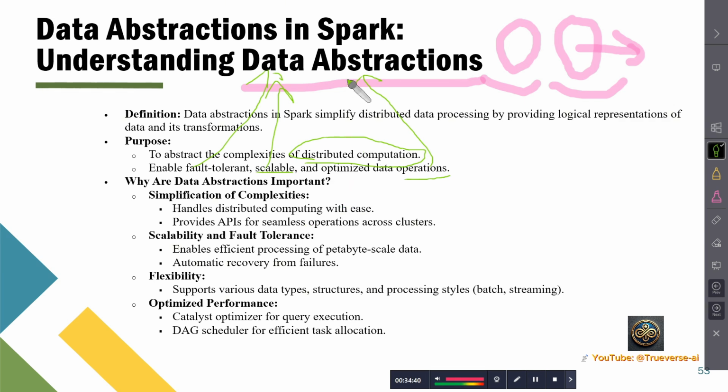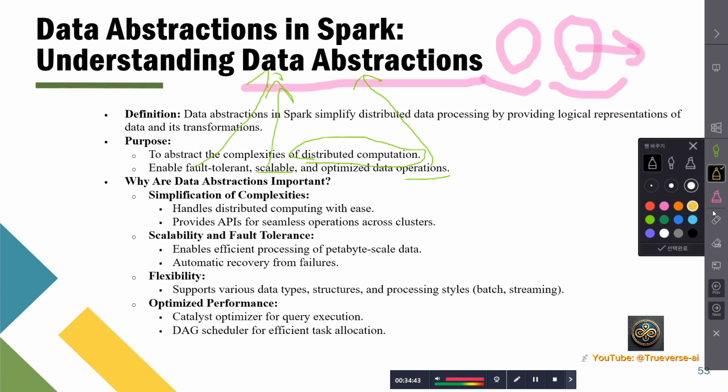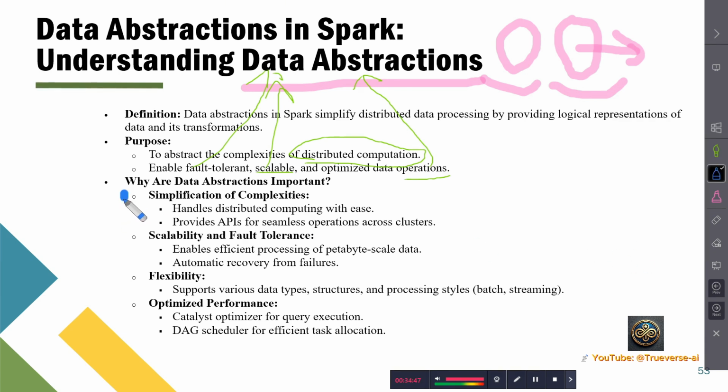To emphasize why data abstraction is important at this moment, the way I'm explaining is wonderful. Why? Because many concepts in Spark are very confusing, but I take logical steps to come to those concepts, and that makes it easy for your mind to follow the concepts of Spark.